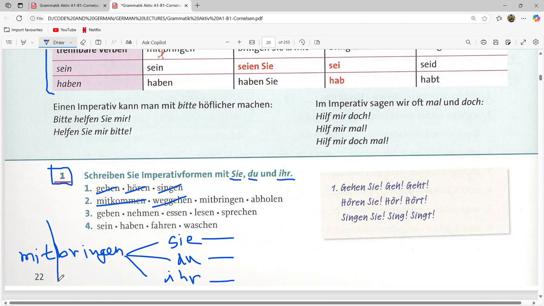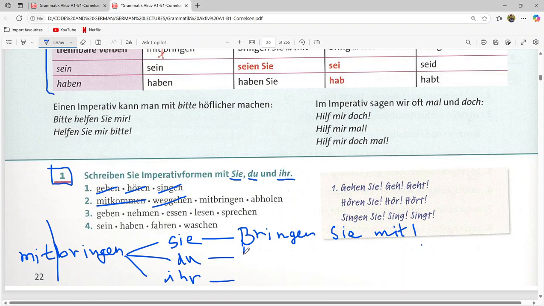So break down this verb: bringen Sie mit.